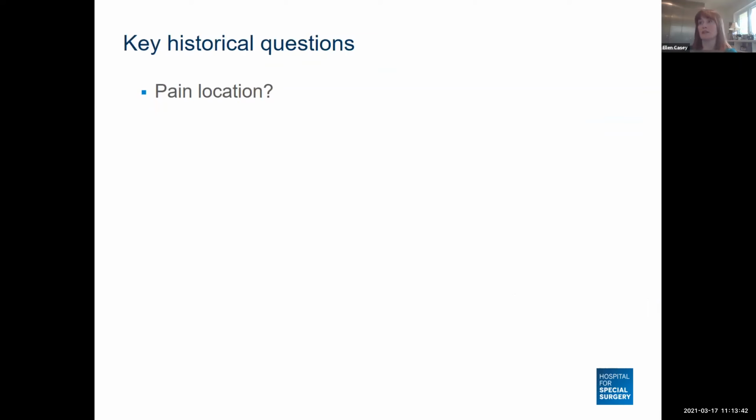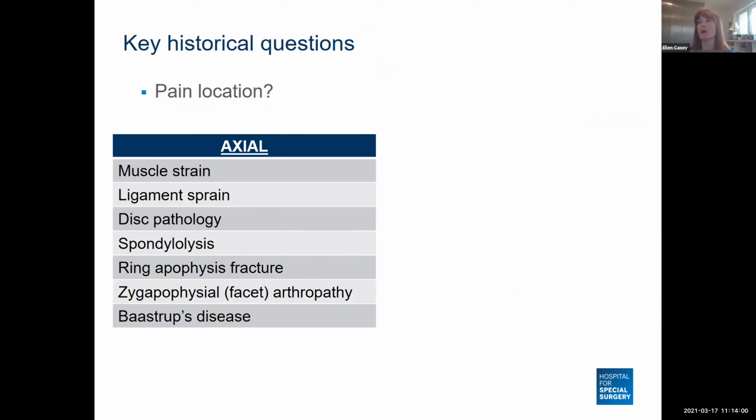So when you see in your EMR that you've got an athlete with back pain, the things that I think are the most helpful before you walk into the room are to think about how you're going to sort out with your history what's going on. And pain location is a really great place to start. So we say the back, but what we want to know is, is it just in the back, or is it axial low back pain?